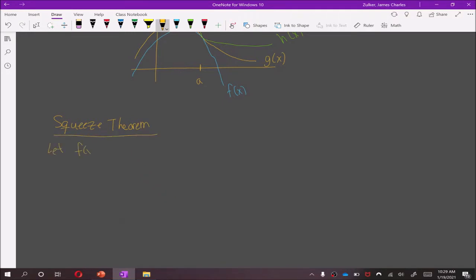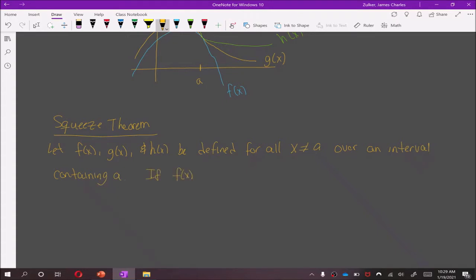So we let f of x, g of x, and h of x be defined for all x that's not equal to a over an interval that contains a.